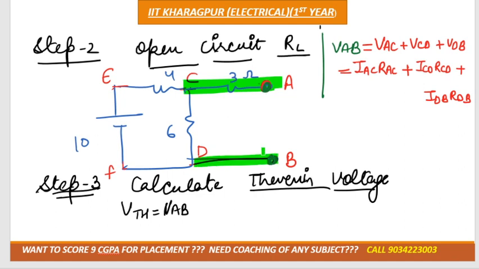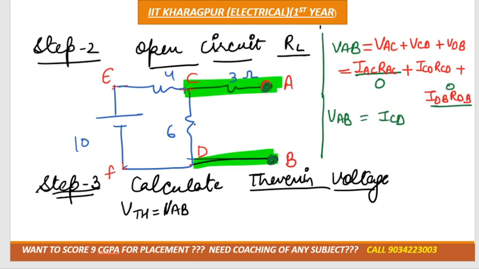As you can see, it's an open circuit. In an open circuit, will current flow? Yes or no? No. So IAC is 0, so this complete term is 0. This is also 0. What is left? ICD into RCD. RCD they have given already as 6 ohm. Correct?